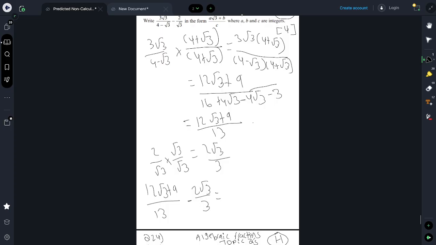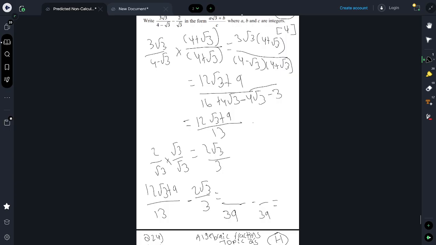So again, there's no obvious way to make them common, so we're going to have to just times across. So 3 times 13 is 39. So make sure they're both out of 39. Okay, so 13 to 39, we have to times this top and bottom by 3.